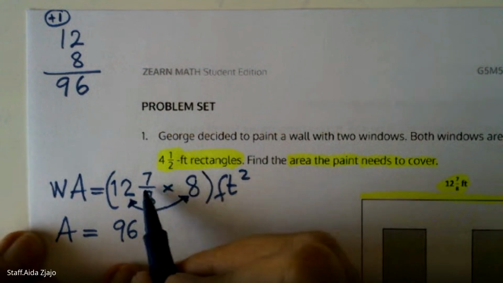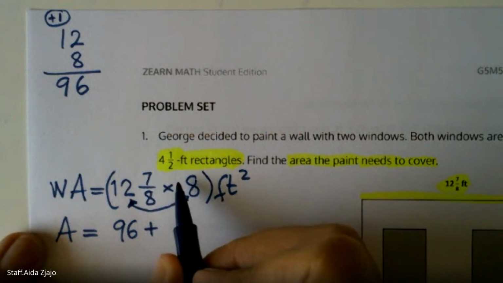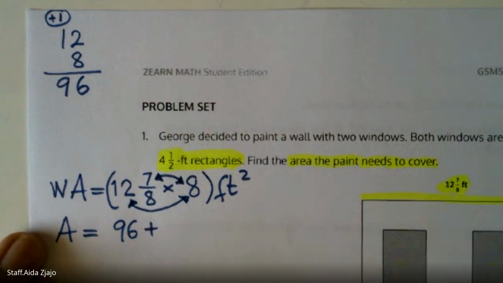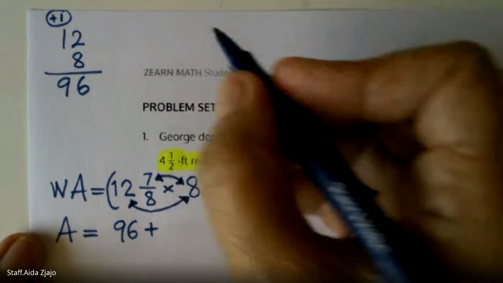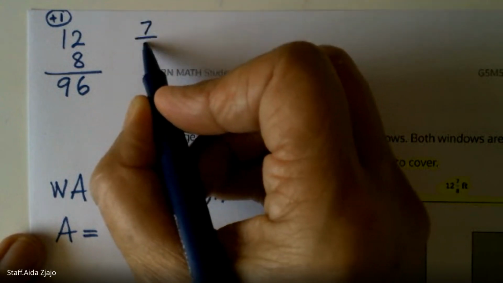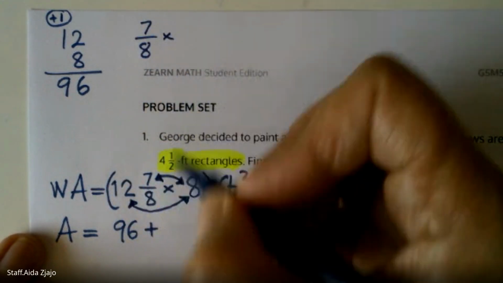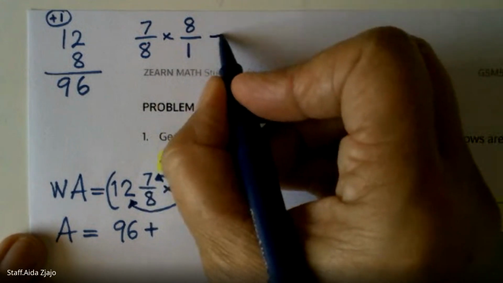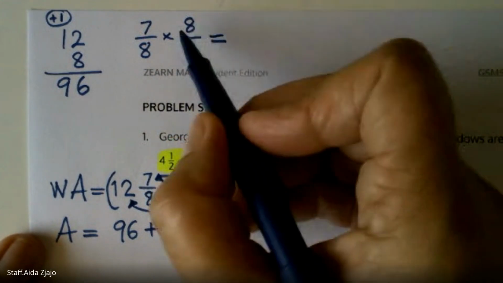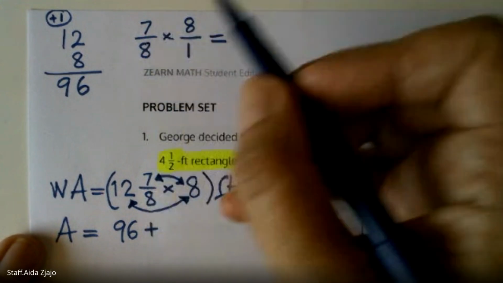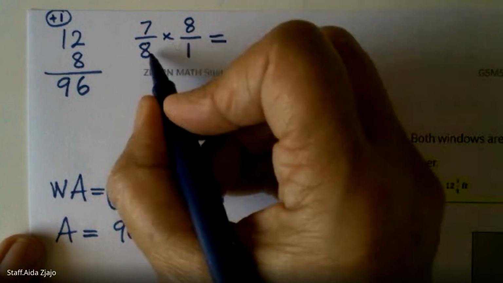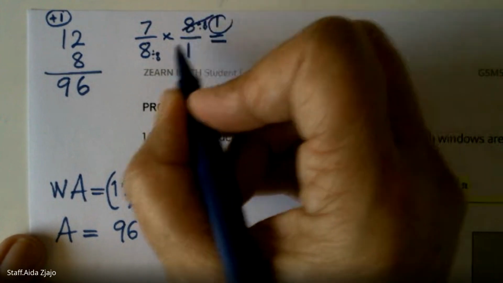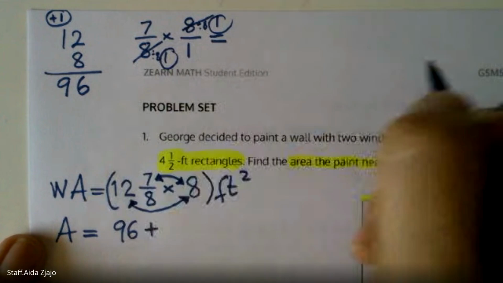plus, now we need to do the part. 7/8 times 8, or 8 times 7/8. I will make 8 the fraction 8 over 1. Then I can simplify by dividing both by 8. 8 divided by 8 reduces to 1, and this also simplifies to 1.